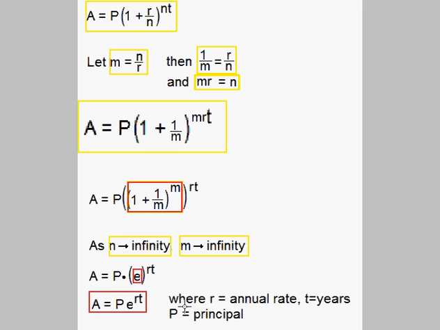You're wondering, well, how can you get continuous compounding? Well, when things are growing naturally, they don't grow at the end of each month or at the end of each day. They grow every instant. They grow continuously. So this formula, A equals P times e to the rt, actually is used more often than the periodic compounding formula.